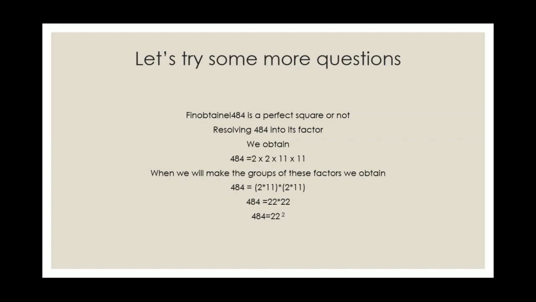When we make groups, we obtain 484 is equal to 2 multiplied by 11 multiplied by 2 multiplied by 11, that is 484 is equal to 22 multiplied by 22. We can write 22 multiplied by 22 as 22 square. So we can say that 22 square is equal to 484, and that 484 is a perfect square.